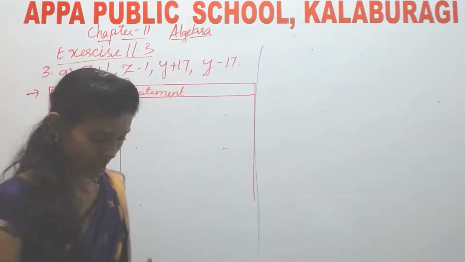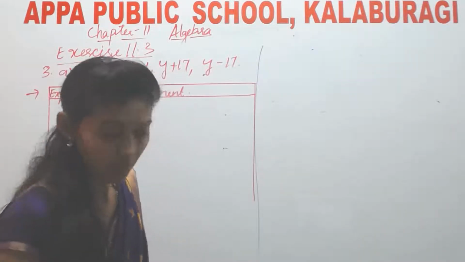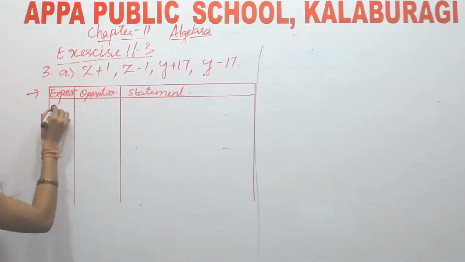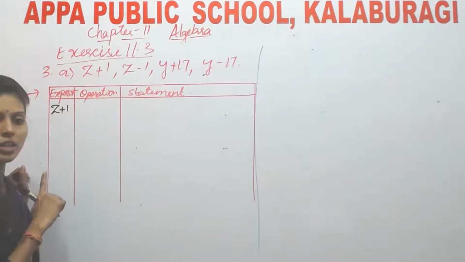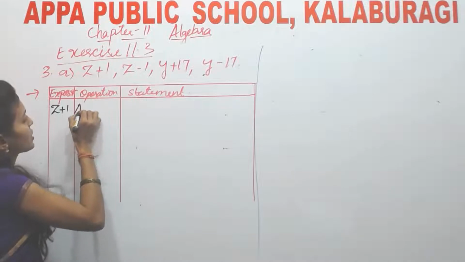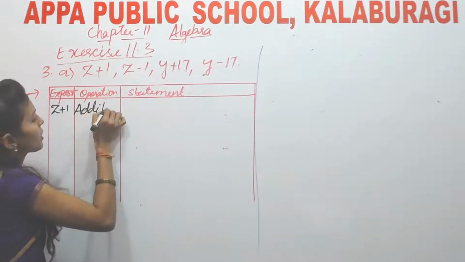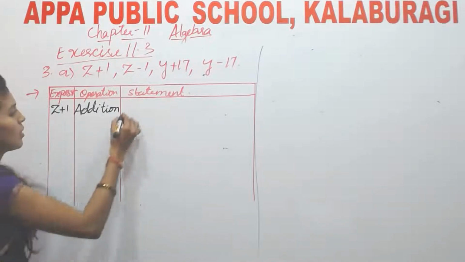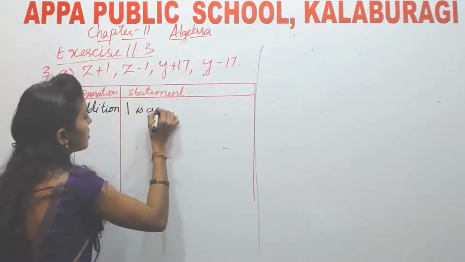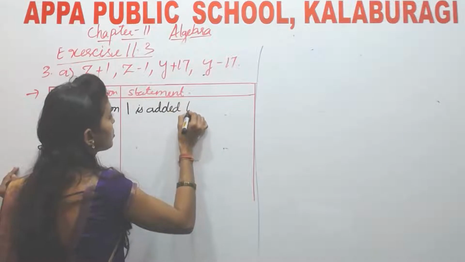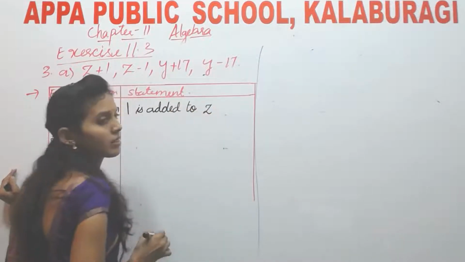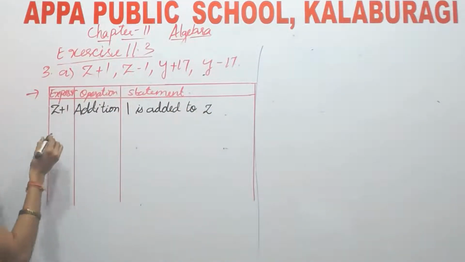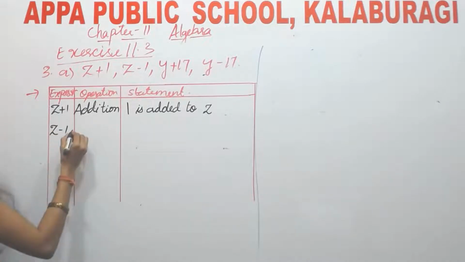Now see here, Z plus 1. What is the operation here? Addition. Statement: 1 is added to Z. Then Z minus 1.